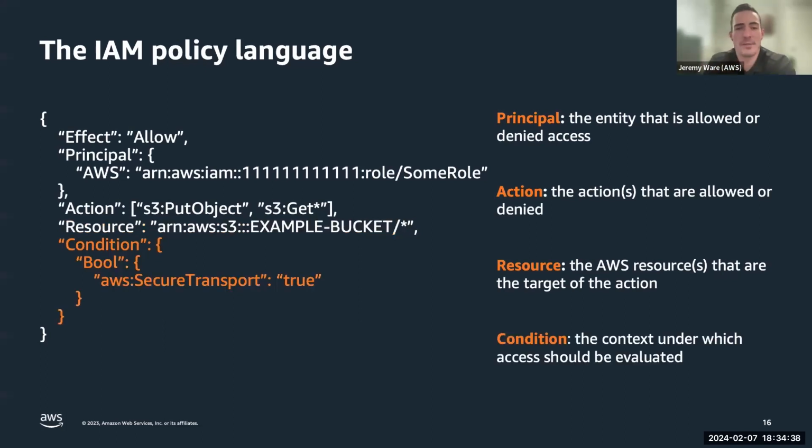And then lastly, we have our condition statements. Conditions are not a required element, but they are often used in order to provide more context and more fine-grained permission. So for example, in this one here, we state where AWS secure transport is true. So as long as TLS is being leveraged in the request to get or put an object to S3, we will allow the action.